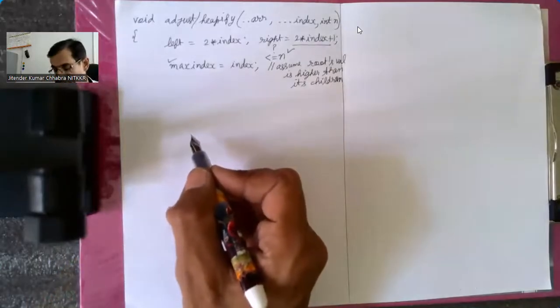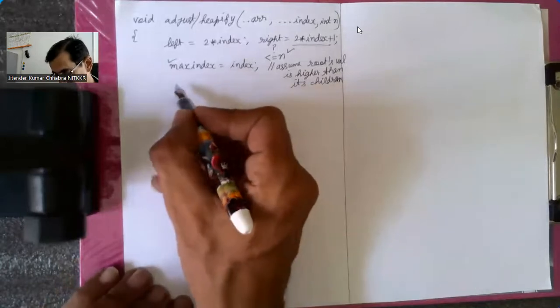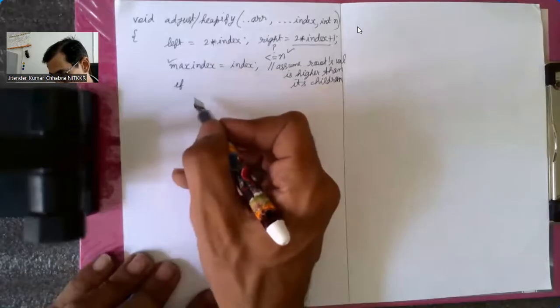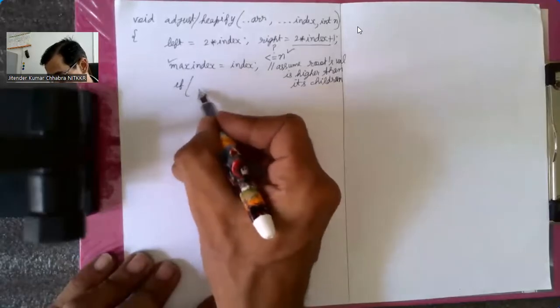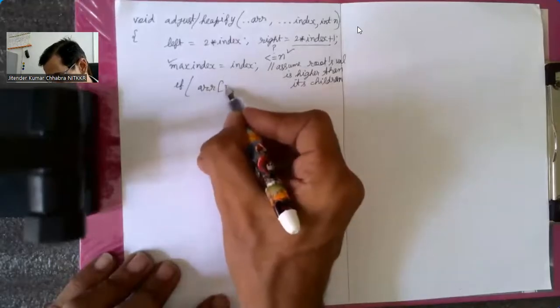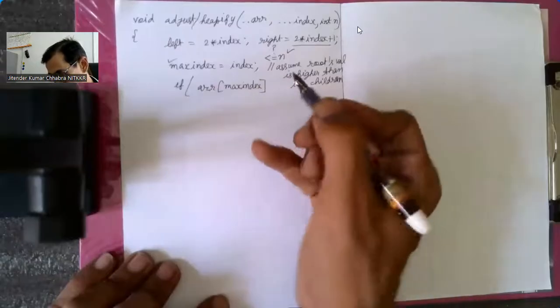Now I will compare with the left child and find if the left child is greater, obviously max index has to change. How to do that? Compare the value with the left child's value. Which value to be compared? ARR max index or index, whatever you say. Currently root being compared.